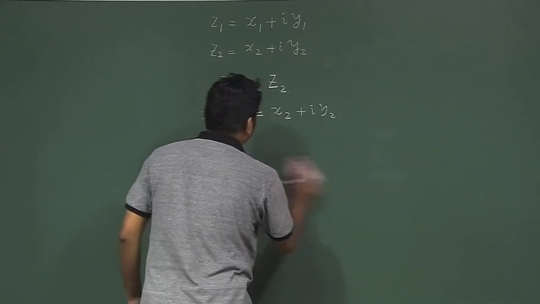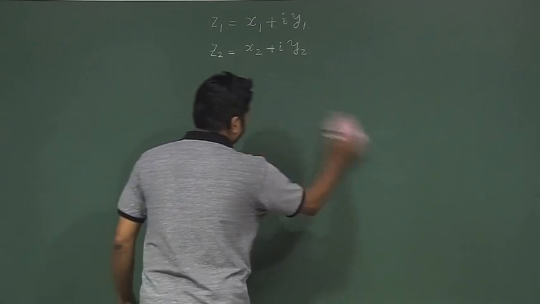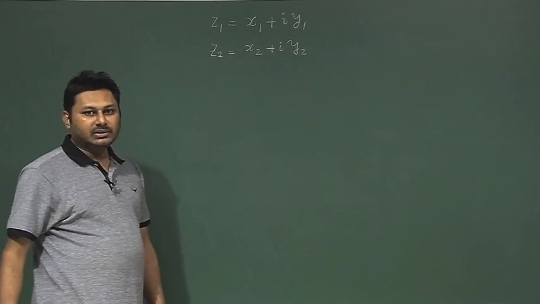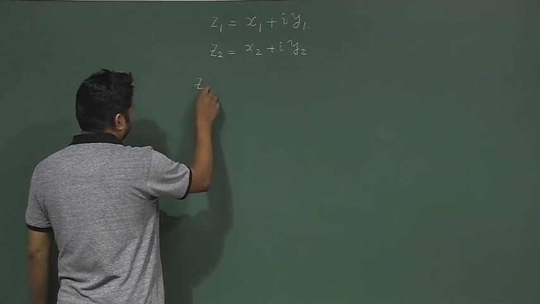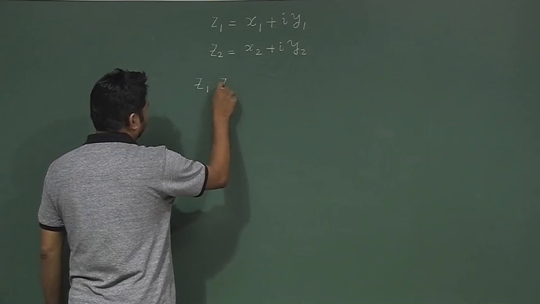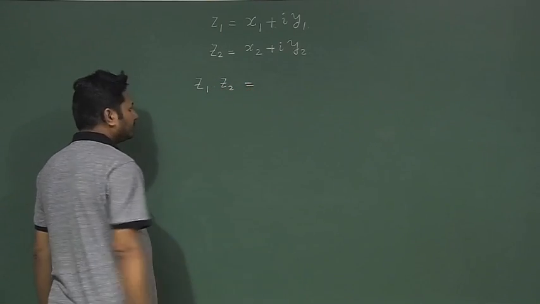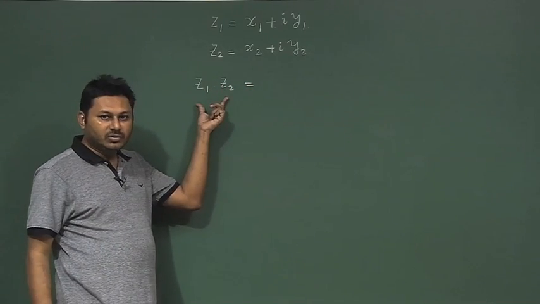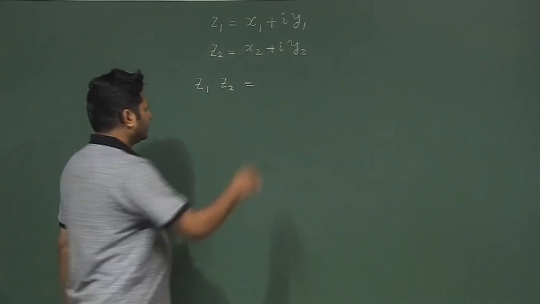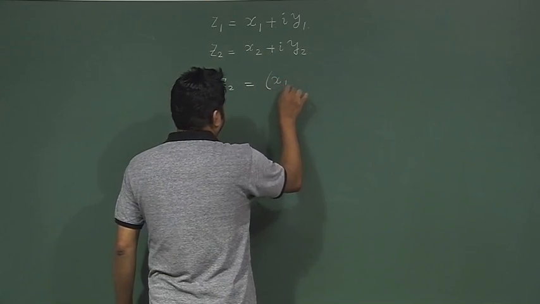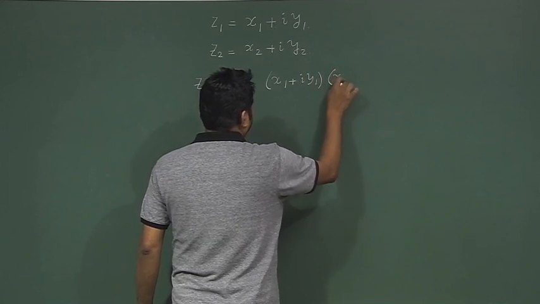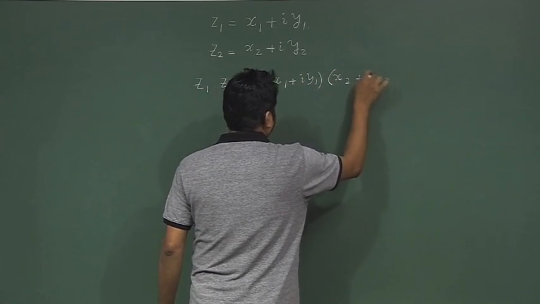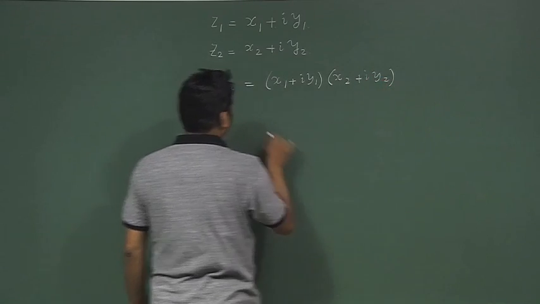Okay, so go back to the fundamental operations. So far we dealt with addition and subtraction. Multiplication is another important operation. If I multiply z1 z2, essentially it will also give you a complex number: x1 plus i y1 multiplied by x2 plus i y2.